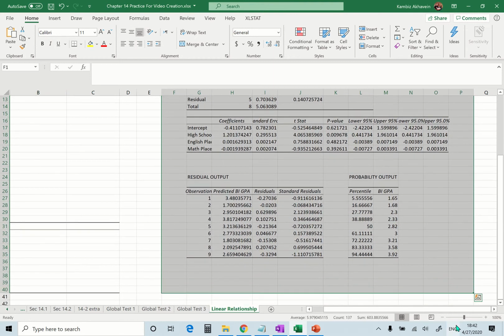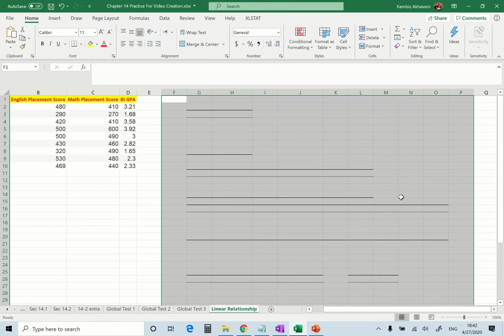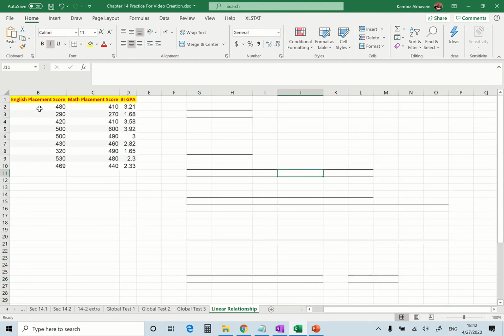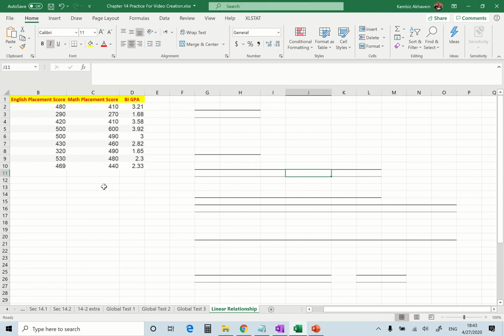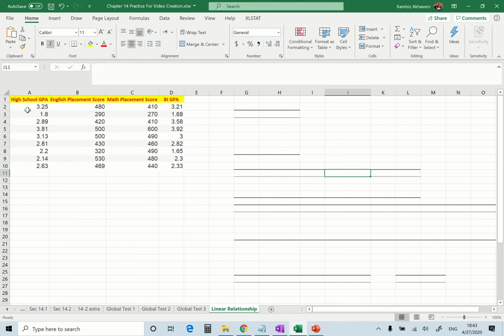Let me get rid of all this. So this is my original problem. I'm trying to determine if my high school GPA, English placement score, and math placement score can predict my business intelligence program GPA.